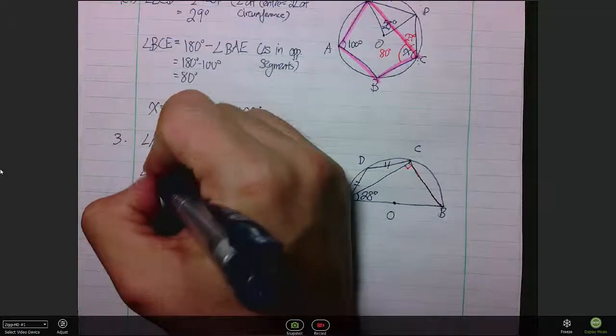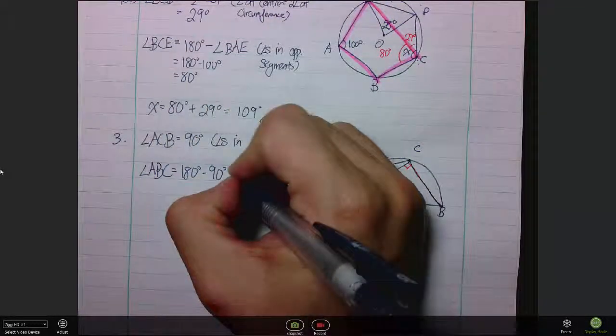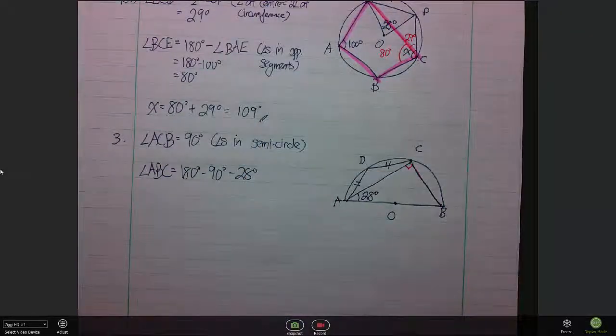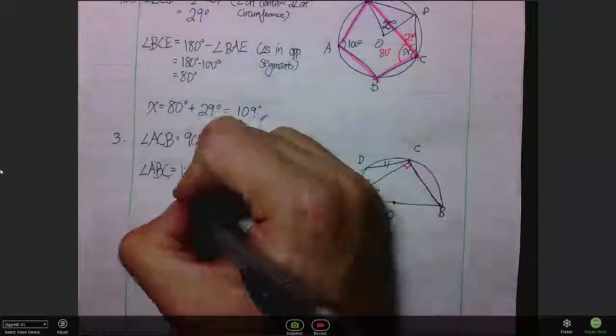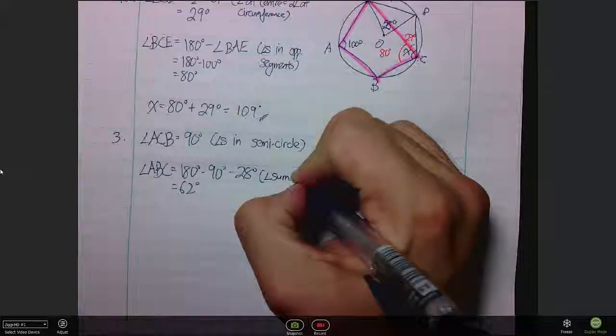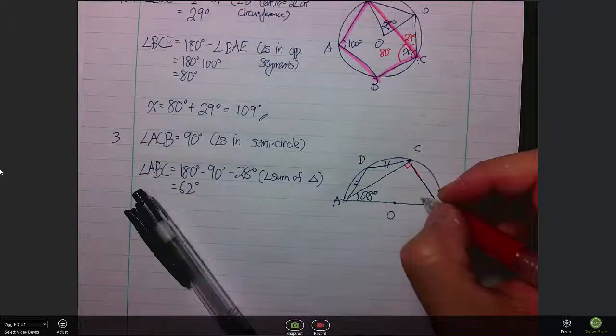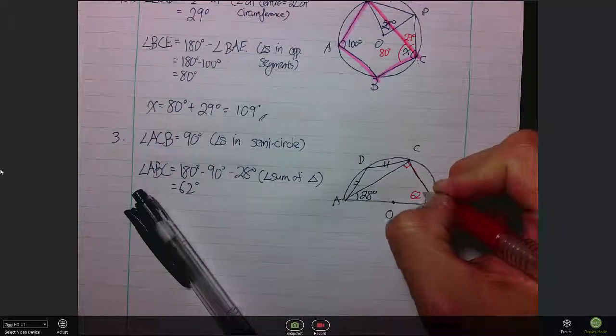So angle ABC is equal to 180 minus 90 minus 28 degrees. So I have 62 degrees. This is because it's angle sum of triangle ABC. So this angle here, let me write it down in red, is equal to 62 degrees.